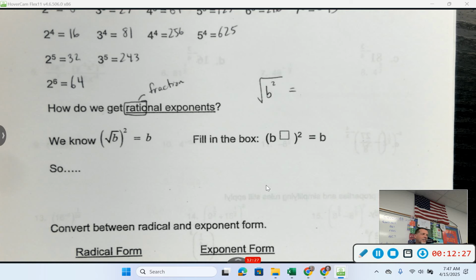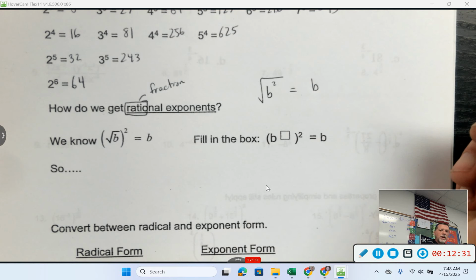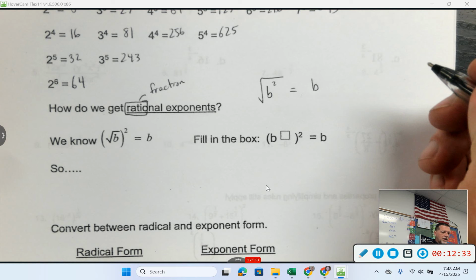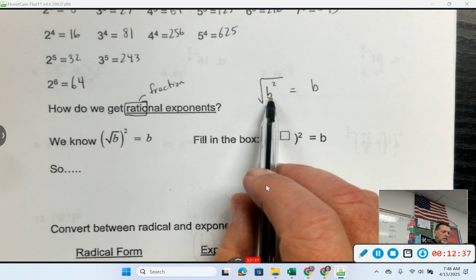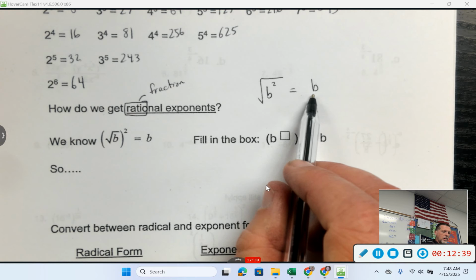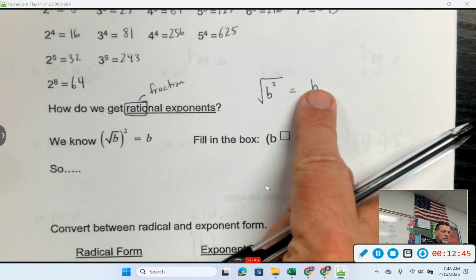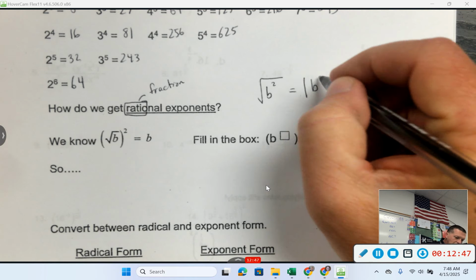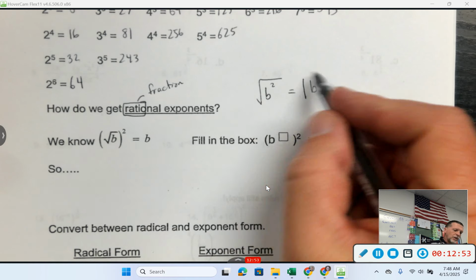You're only allowed one answer. When you get b, but absolute value of b? No, because it's going to be positive. If I plug in -1, I get 1. That means I need to make this positive. We'll keep working on that.